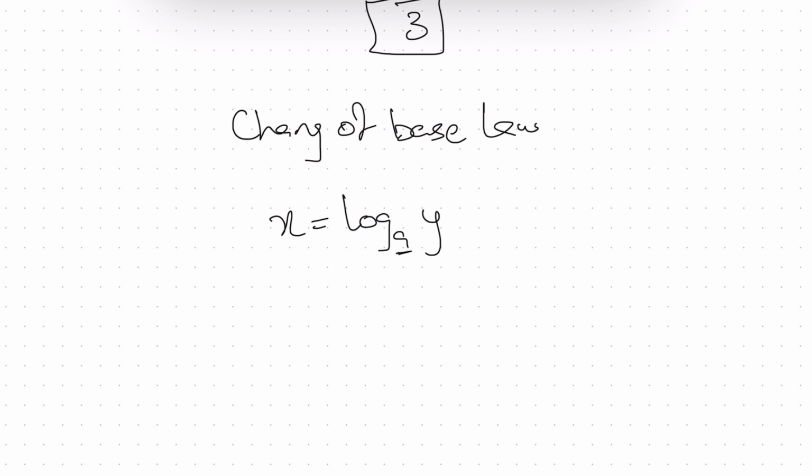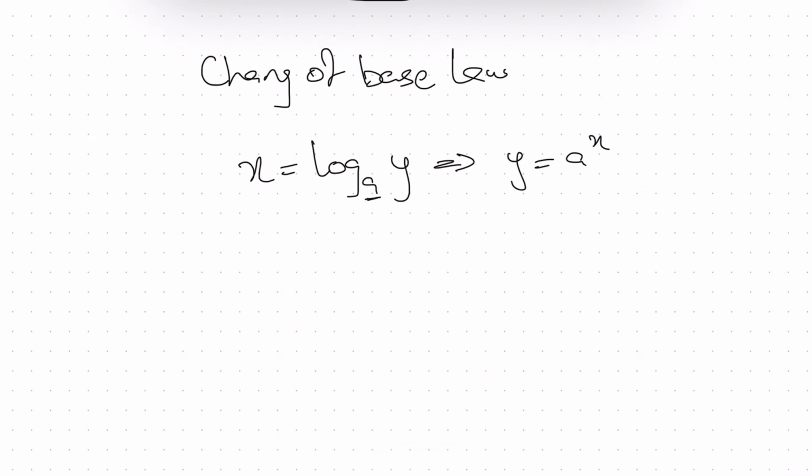Okay, so how do I basically change this equation so that I am able to bring log b over here? So I know the index form is y equals a power x, right? Now I apply log on both the sides.